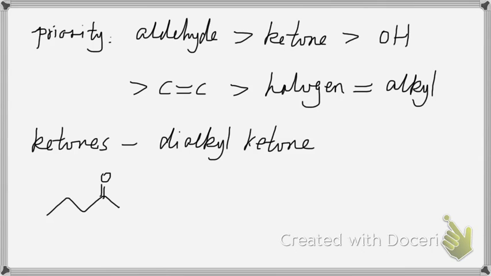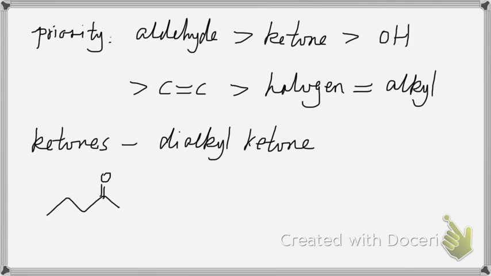we first identify the ketone functional group, C=O, and then identify the alkyl groups attached to the carbonyl carbon. For example, here on the left side there are 3 carbons. On the right side of the carbonyl, there will be 1 carbon.